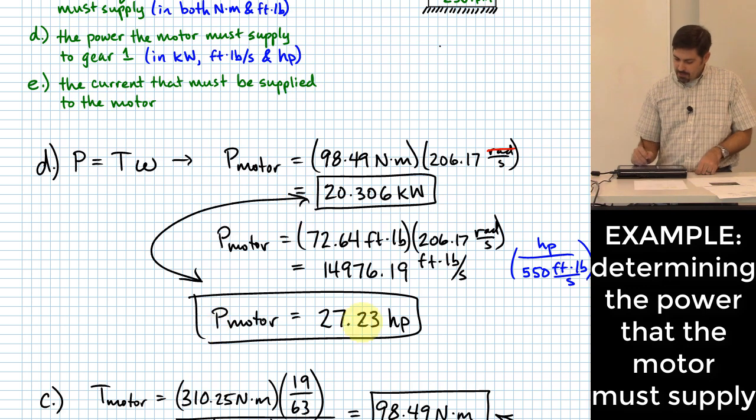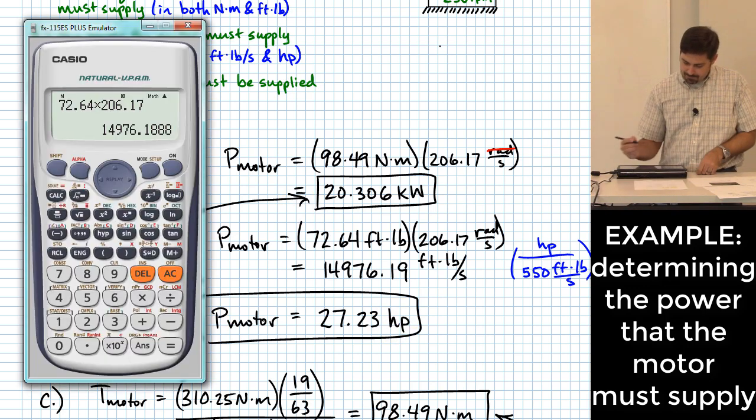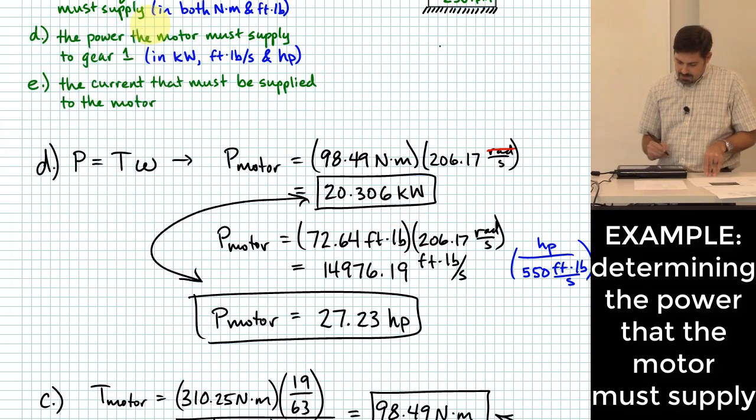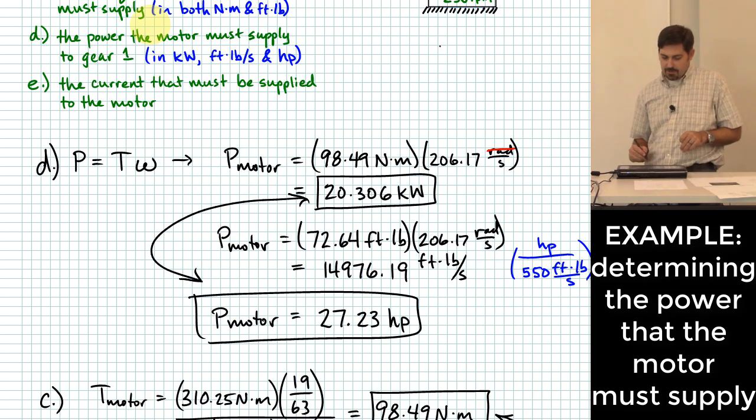Take my horsepower, 27.23, and multiply that by 745.7, and that'll come out in watts. It looks like it's about the same, pretty close at least, to the number of watts or kilowatts that I had over here. All right, so we did that part.